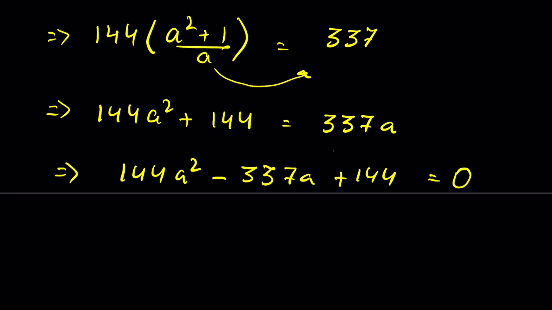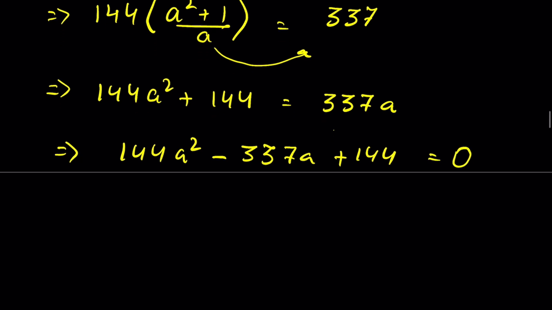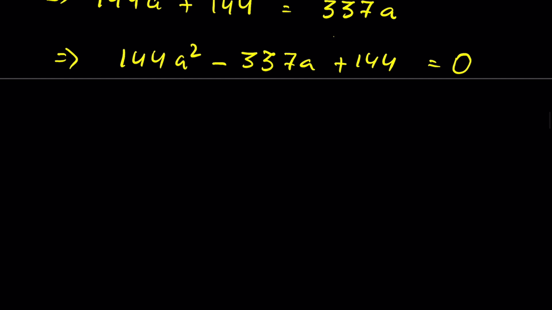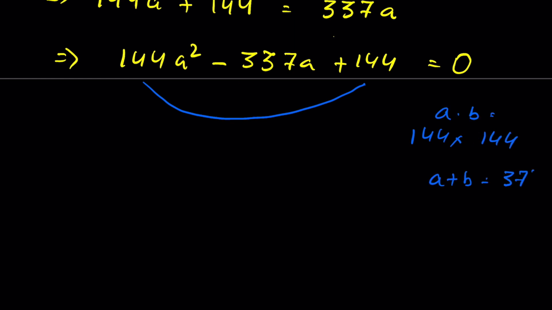This is a quadratic equation that we can factorize. We need to find two numbers whose product is equal to 144 times 144 and whose sum should be equal to 337. Now if we factorize 144, 12 times 12 is 144. This also 12 times 12. Now 12 is 4 times 3.